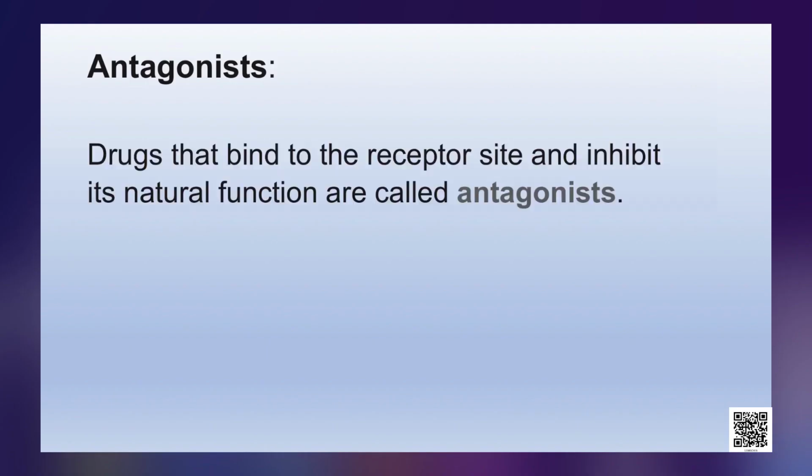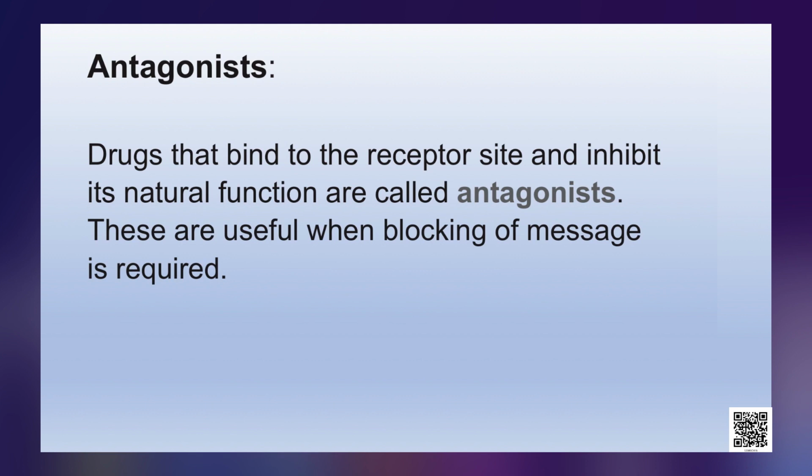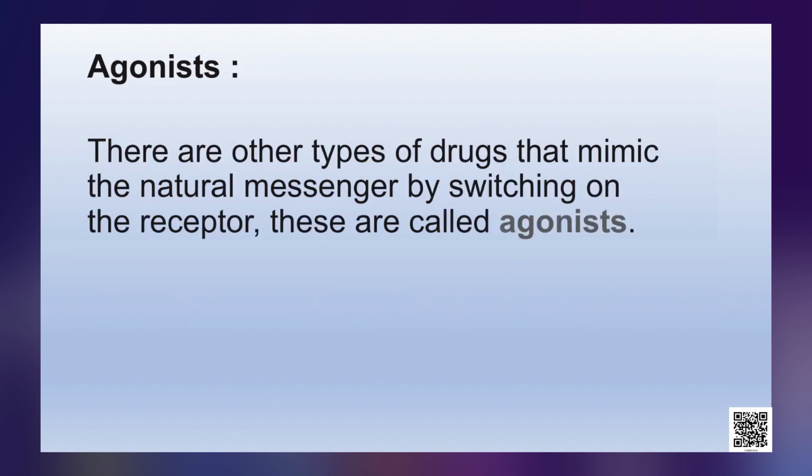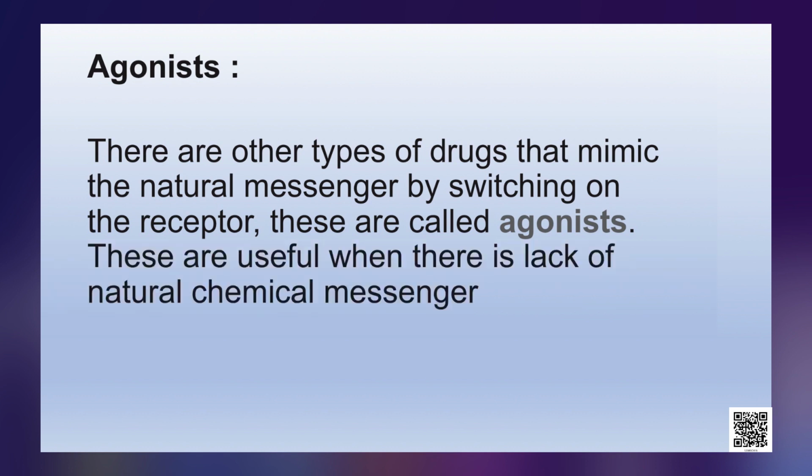Drugs that bind to the receptor site and inhibit its natural function are called antagonists. These are useful when blocking of a message is required. There are other types of drugs that mimic the natural messenger by switching on the receptor. These are called agonists. These are useful when there is a lack of natural chemical messenger.